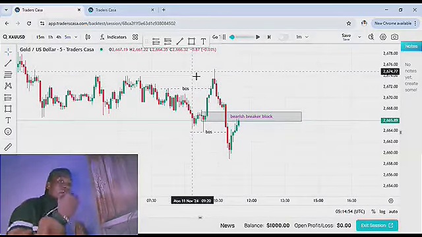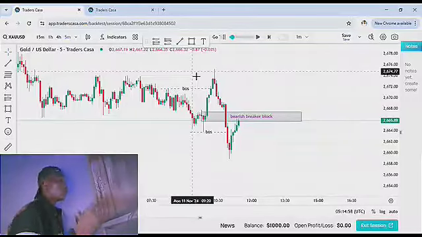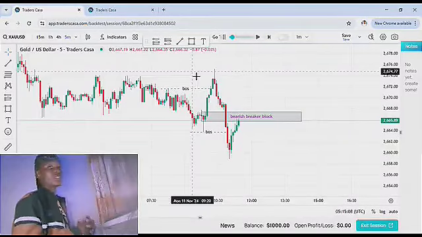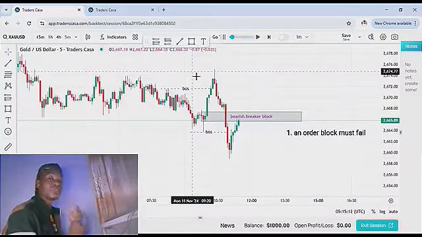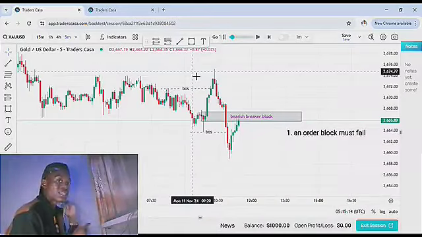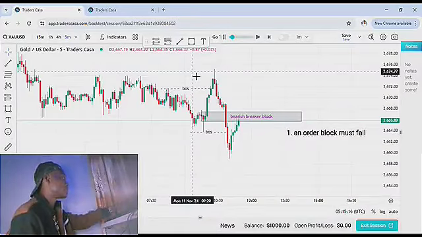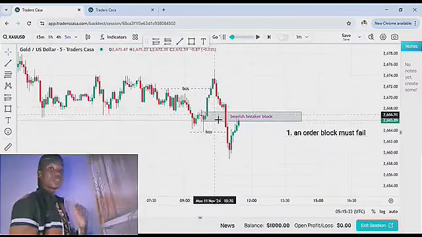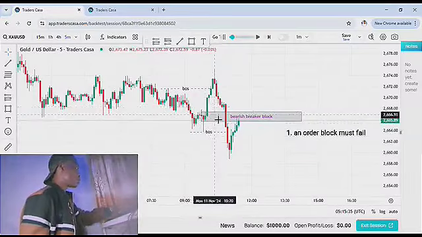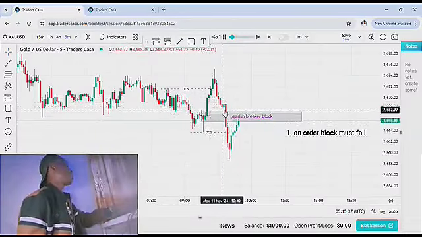What you have to confirm, remember, is 5 things that you need to use to confirm if it will really work. Number 1, you have to make sure that there was an order block that failed, and that would be your breaker block. You understand? That's number 1, and you can see it right here. And number 2 is that it must break structure. Not only the order block that it has to break.